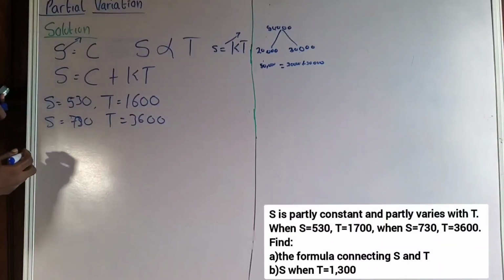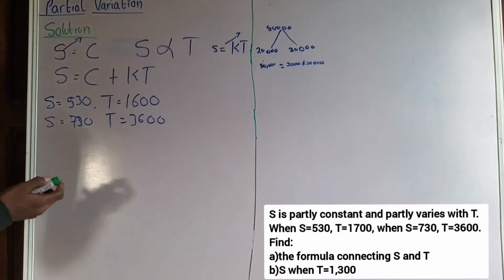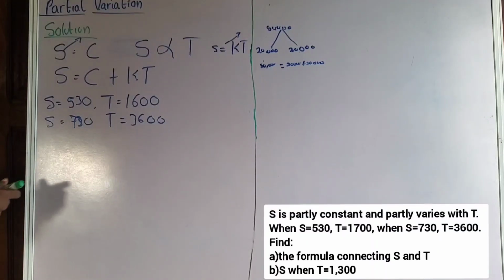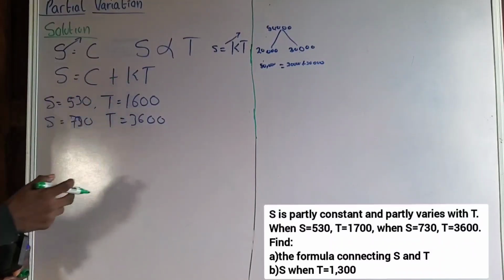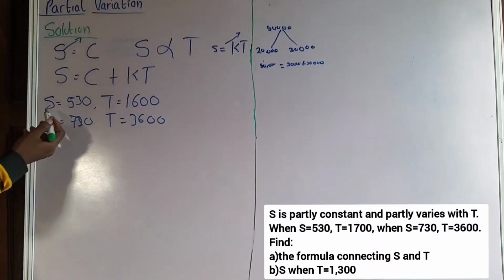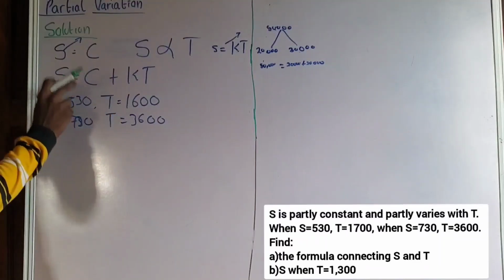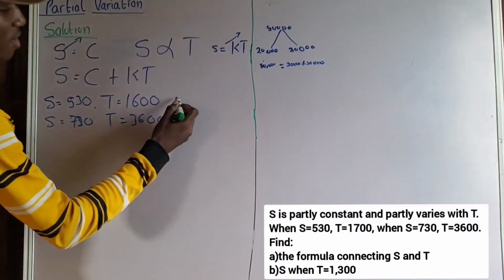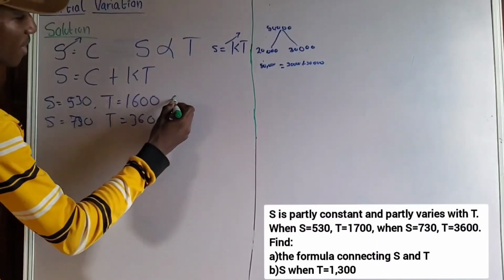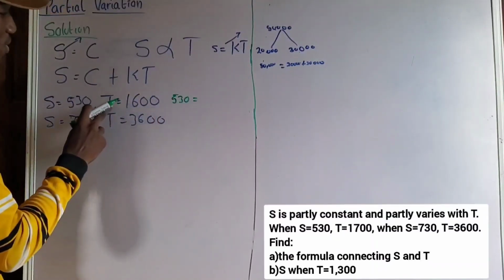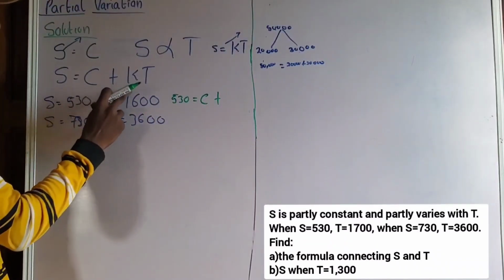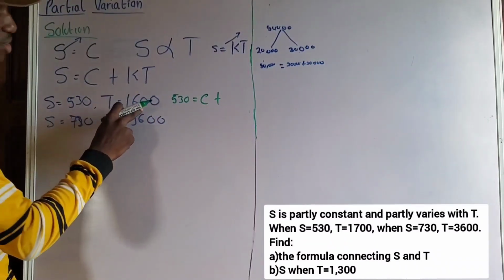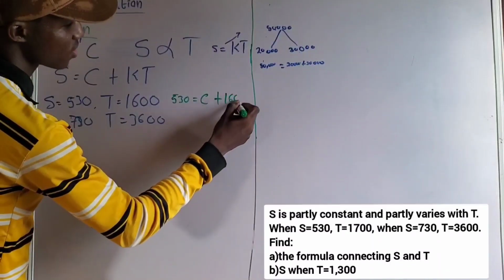We have to find the formula connecting S and T. To get the formula connecting S and T, we need to get the value of the constant, which is C, and the value of the proportionality constant, which is K. And to get those values, we have to substitute each value of S and T into this equation. So for this value of S, which is 530, I'm going to have 530 equals C plus KT. We don't know the value of C or K, but we are given the value of T as 1600. So I'm going to have plus 1600K.